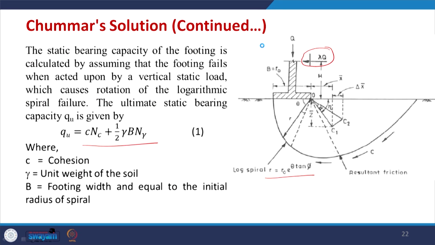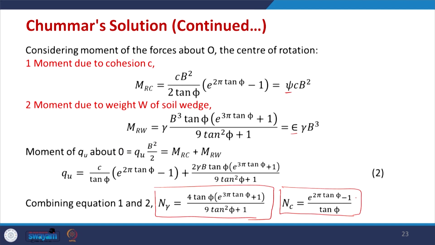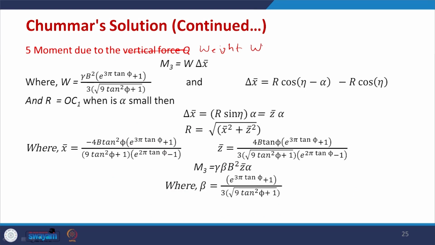W always acts in the downward direction, and at any point, this is the additional displacement, and this will be W into delta x bar. So, this is additional moment coming due to the displacement. W is given from this relation and delta x bar is calculated from this relation.